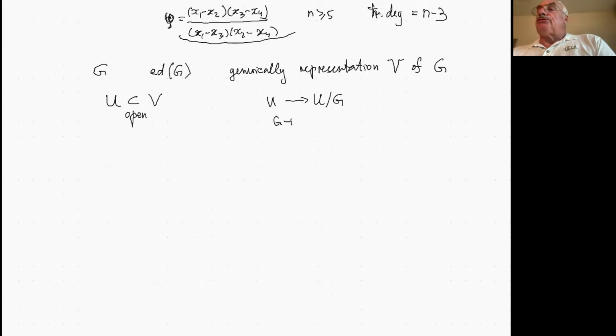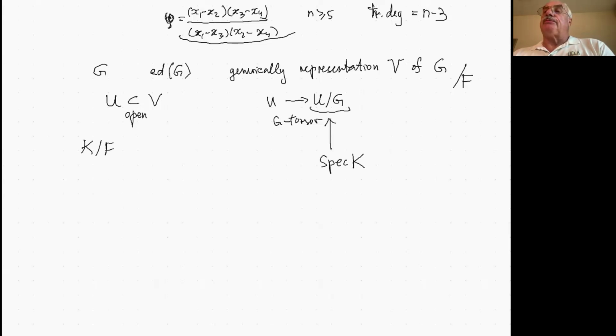Well, that is over F. Now you take any field extension K over F, and you consider a point over K of that variety U mod G, which is a morphism from the spectrum of K to U mod G. And take the fiber product. Well, this is a G torsor.